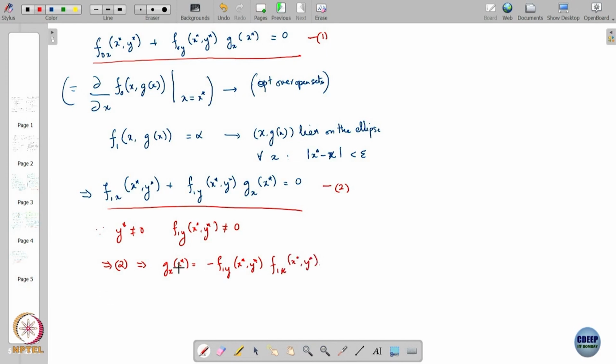And this then, putting this into equation 1 gives me the condition, substitute in 1. Sorry, I think I missed an inverse here. So, there should be an inverse here.